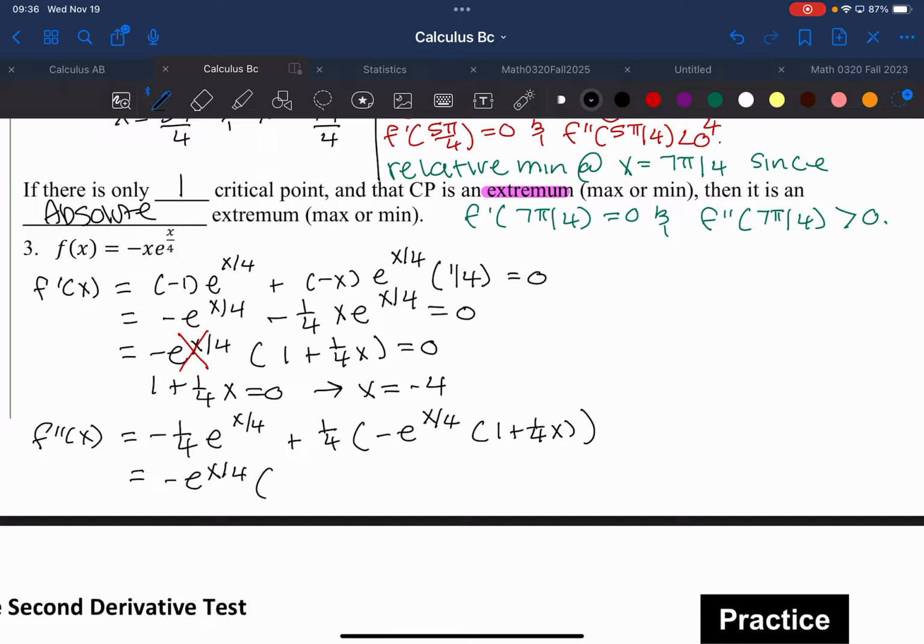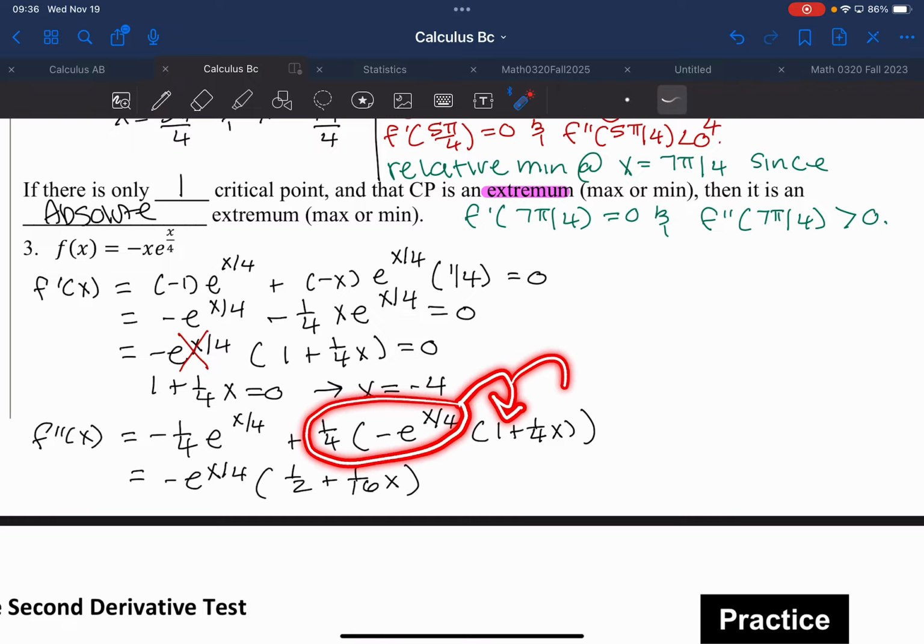So this is 1/2 plus 1/16 x. So again, this was me taking these and distributing it in and then combining like terms. So that's where that 1/16 came from, because 1/4 times 1/4.